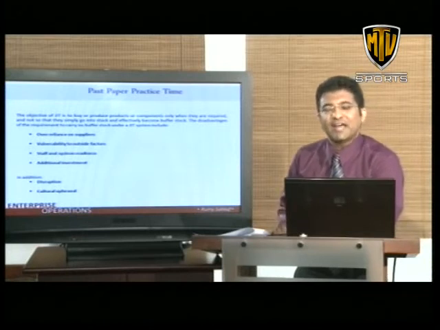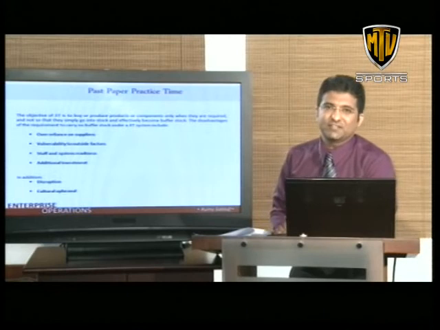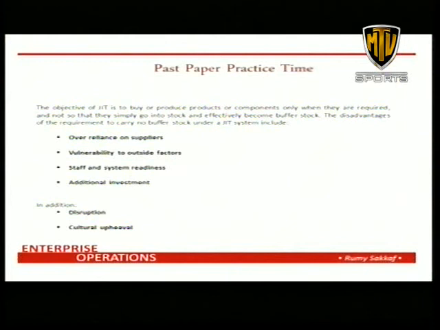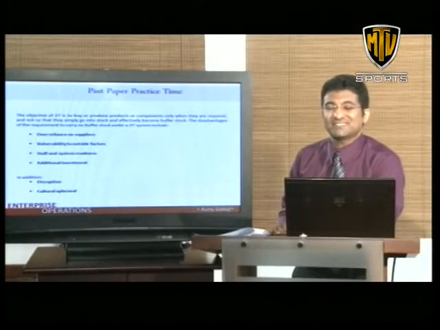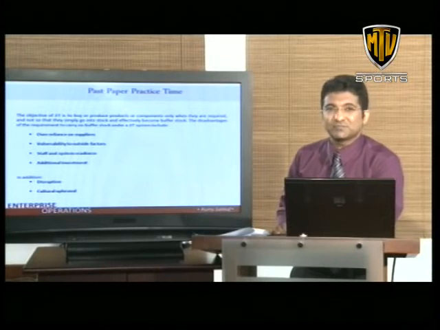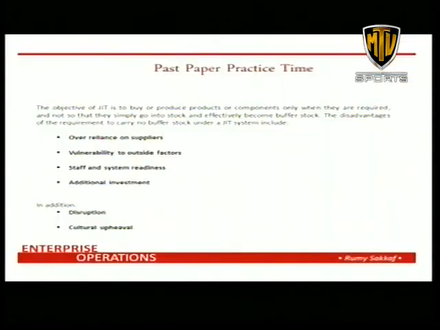That's the fourth point, additional investments, where we need to give proper staff training and bring in proper software packages to suit the new system. In addition, you can also use other features such as disruptions. For example, human involvement can sometimes lead to human issues such as strikes, labor issues and absenteeism, which will be a major problem and a disadvantage to just-in-time.